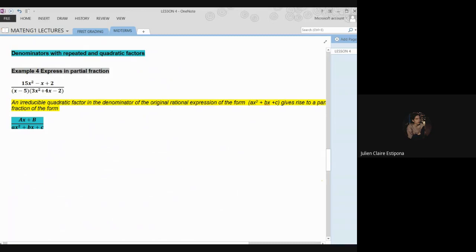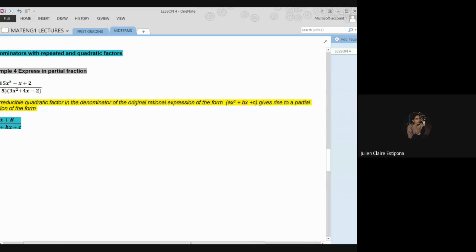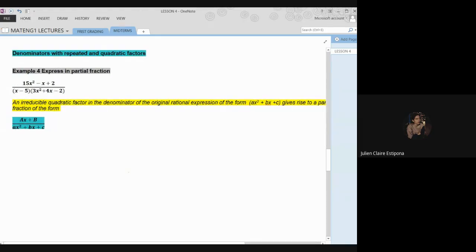Okay, so we have here example number 4, express in partial fraction. So for that one, denominators with repeated and quadratic factor. So an irreducible quadratic factor in the denominator of the original rational expression of the form ax squared plus bx plus c gives rise to a partial fraction of the form ax plus b all over ax squared plus bx plus c.